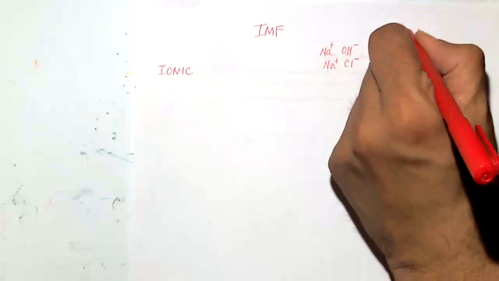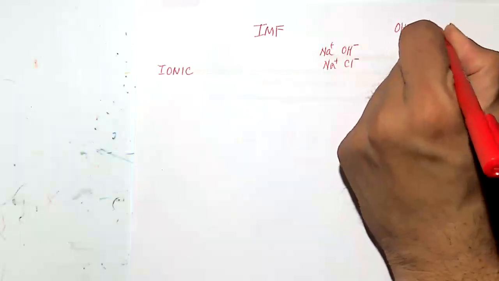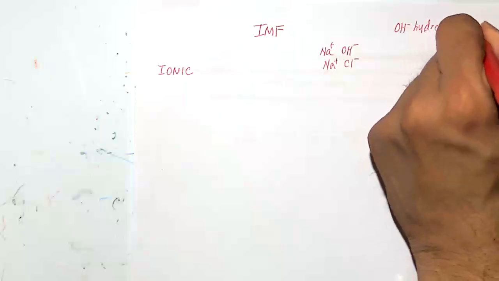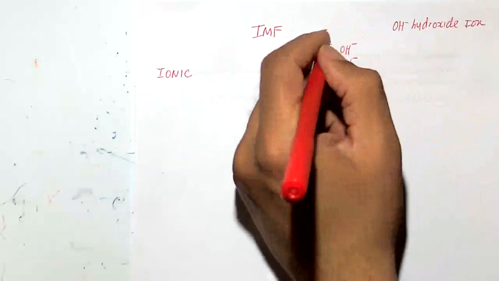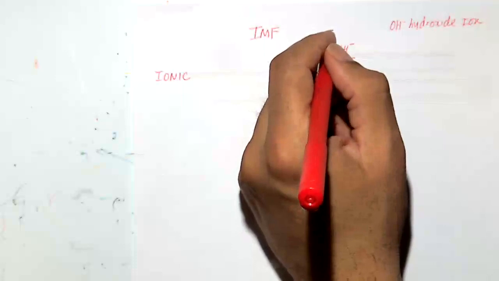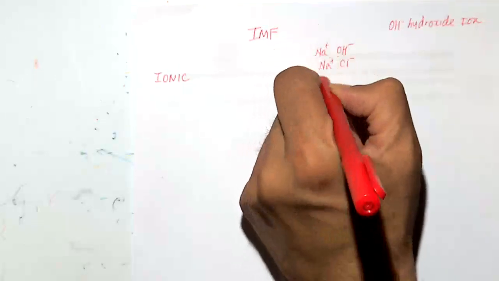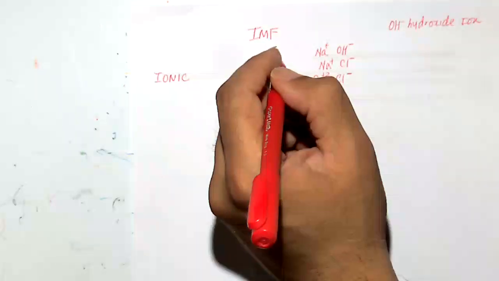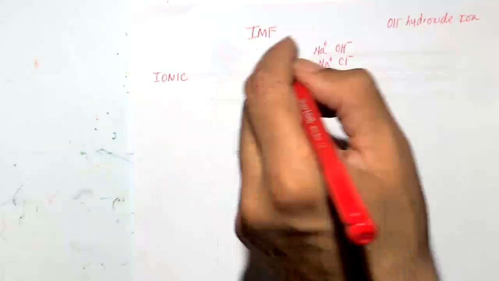Positive sodium, OH hydroxide. This is called the hydroxide ion. What else? Calcium chloride. Okay, any metal with a non-metal.